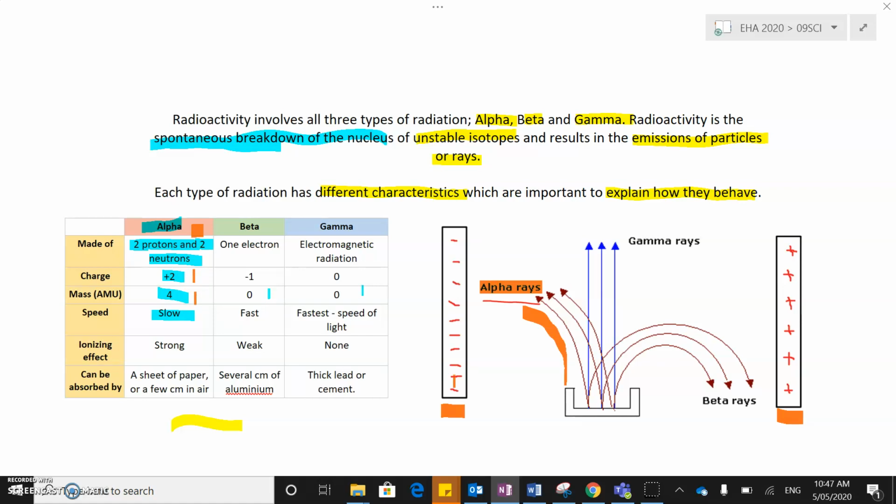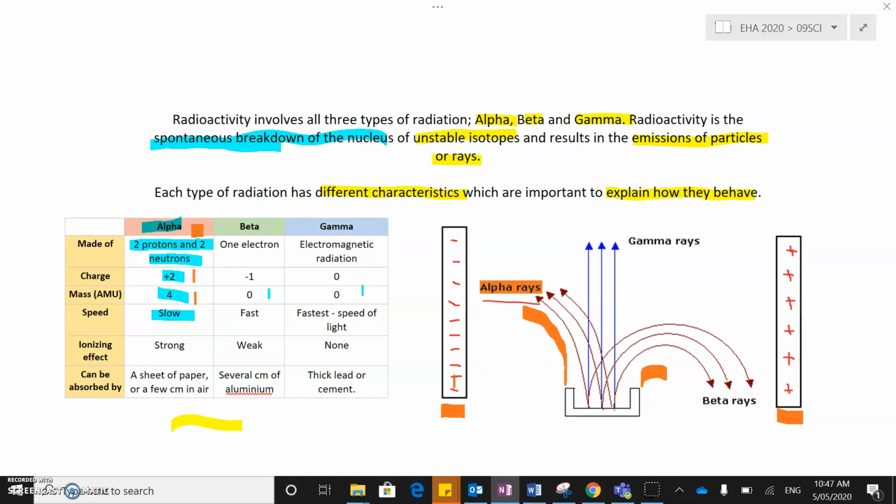We know that opposites attract, hence why our alpha rays are heading over to that negative terminal. Why are they moving at such a slow angle, or why are they not bent in a way like our beta rays are? Well, that's because they are slow, because they are heavy. So they're moving over towards that negative terminal. They're doing so slowly, which is why we only have this very slight bend in their movement.